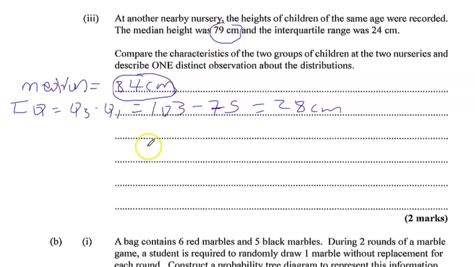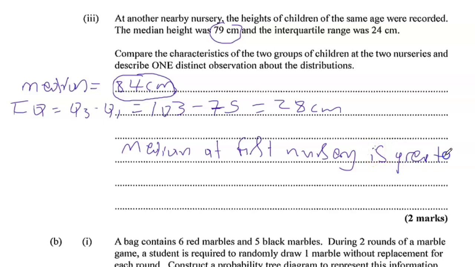So one observation is that the median at the first nursery is greater than at the nearby nursery.